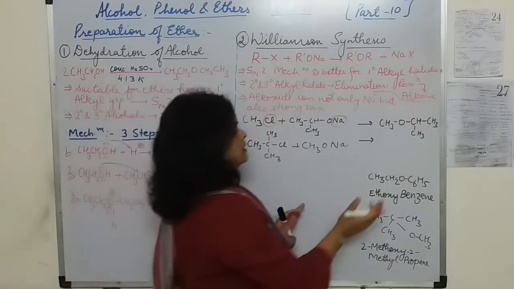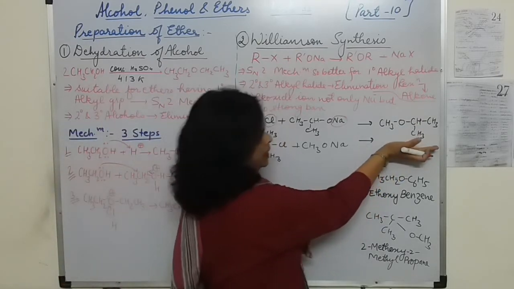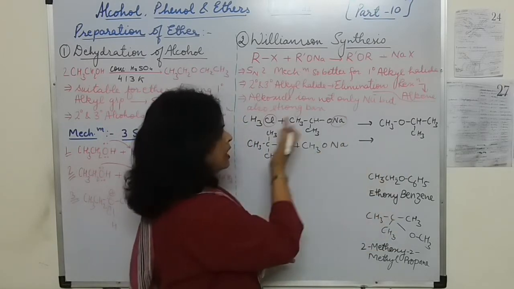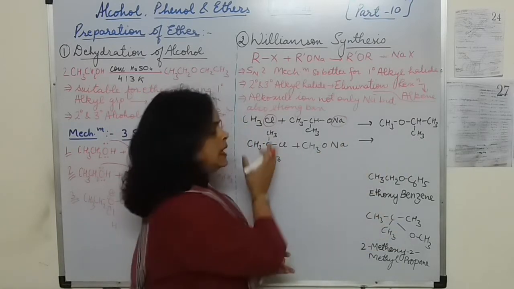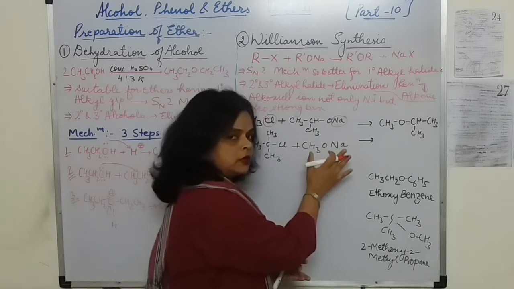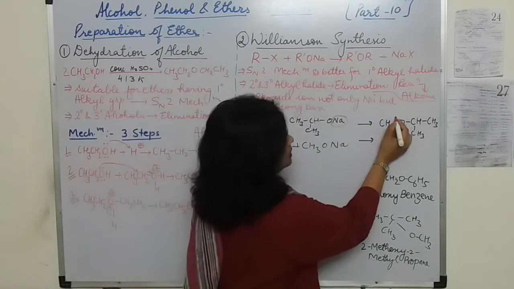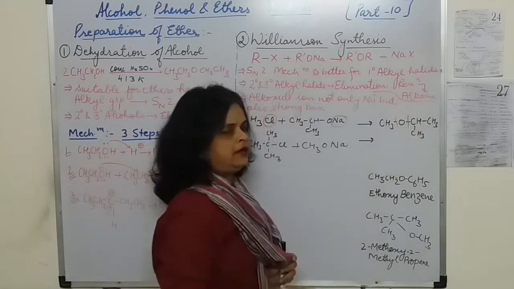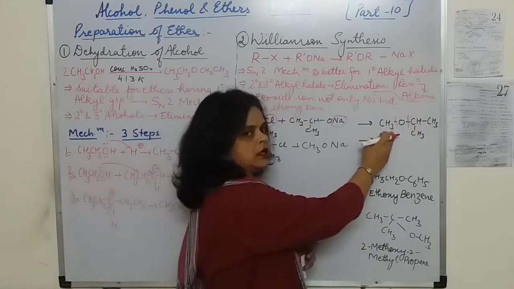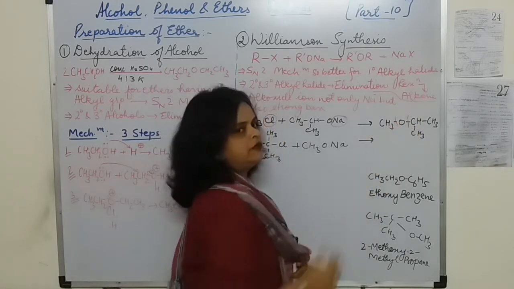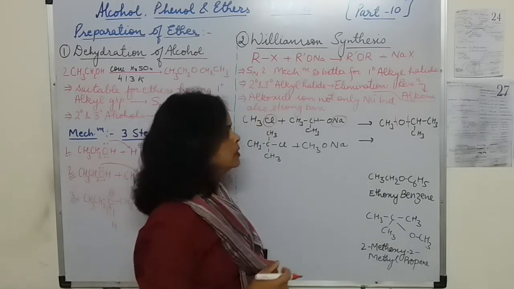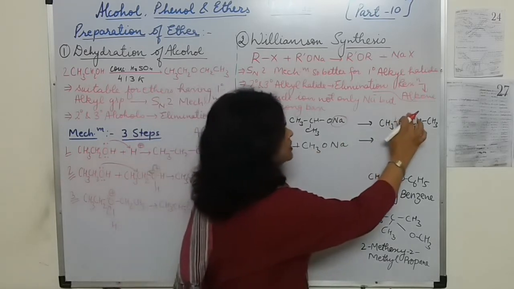So when you are given the product, and from the product you have to derive the structure of the alkyl halide and sodium alkoxide in the Williamson synthesis, students, you have to break either bond, and on one side write the halogen atom, and on the other side, with that oxygen, write sodium. So you have to decide which one should be preferred.